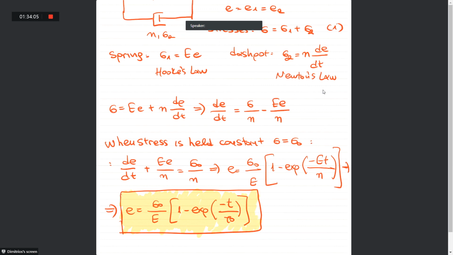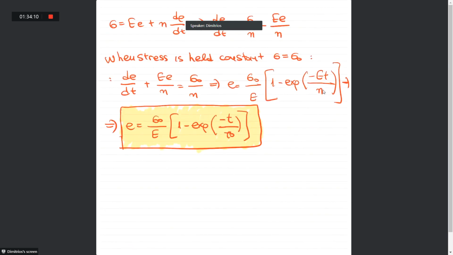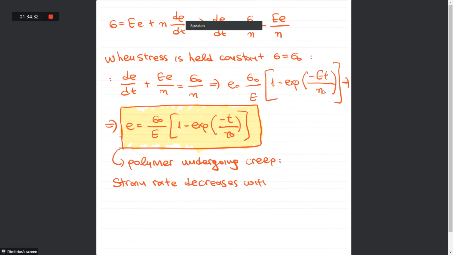For a polymer undergoing creep, the strain is given by sigma 0 over E as t approaches infinity.